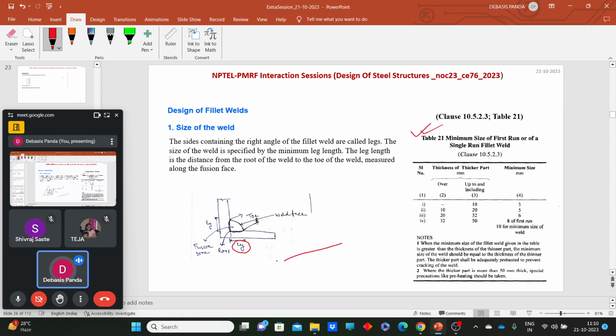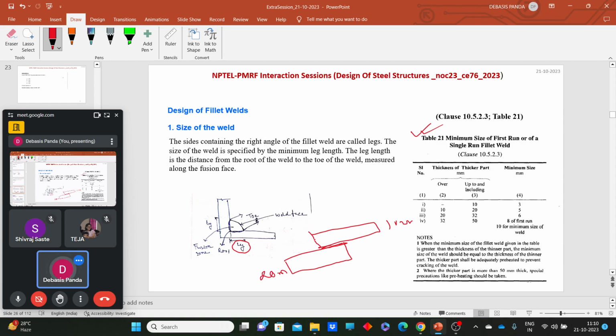Like we have here two plates. Say for example, we have a 20 mm plate and say a 10 mm plate. So we need to decide the size of the weld which we should specify for this particular connection. So how can we find it out?